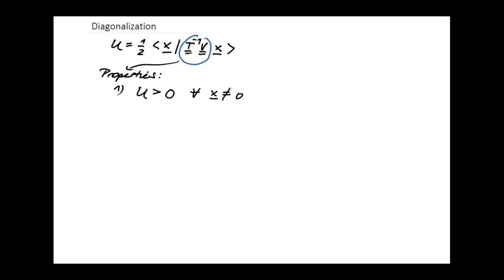So whenever I deviate by a non-zero distance from the equilibrium configuration, then my potential energy must be larger than 0.